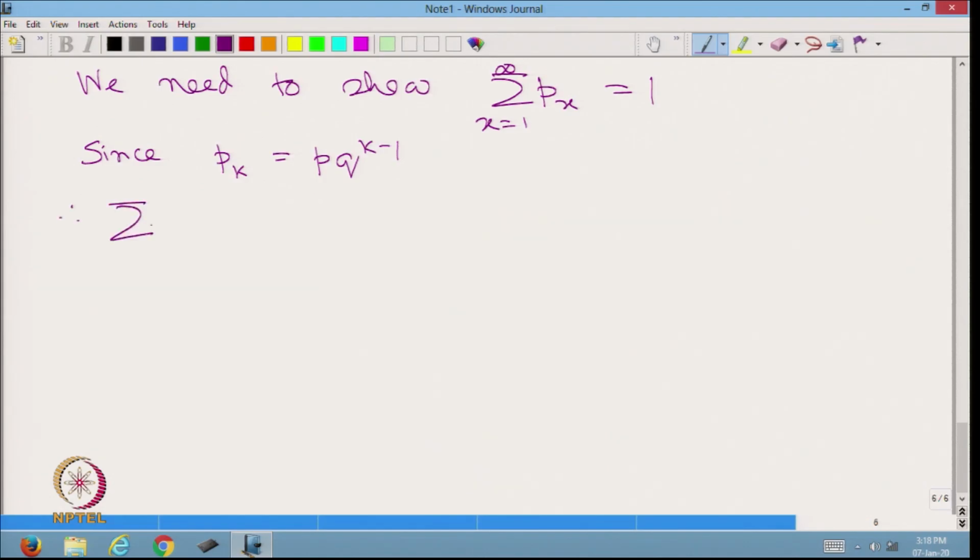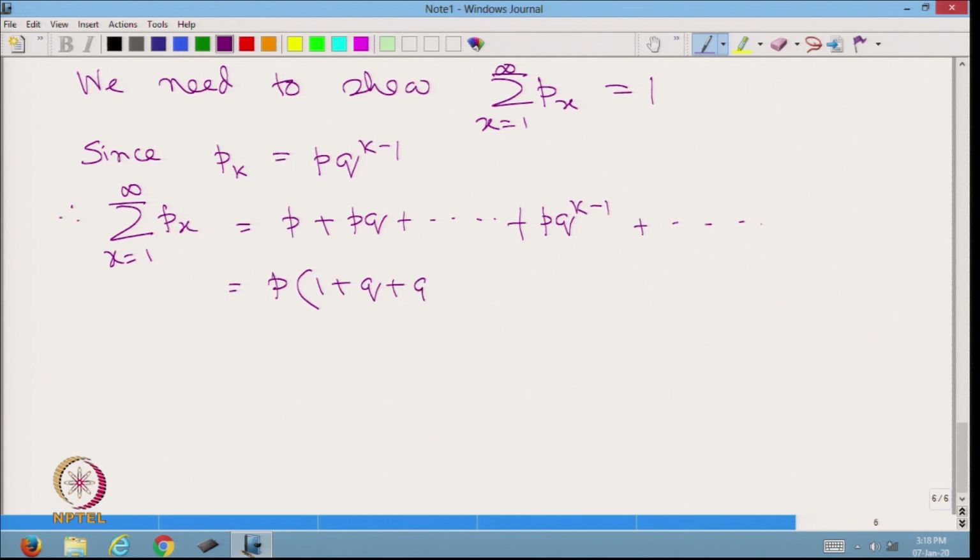Therefore, sigma p(x), x equal to 1 to infinity, is equal to p plus pq plus ... plus p q to the power k minus 1 and so on up to infinity, which is equal to p into (1 plus q plus q square plus ... plus q to the power k minus 1 plus ... up to infinity).